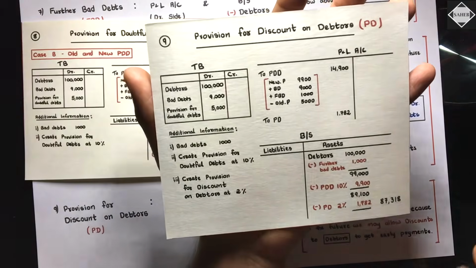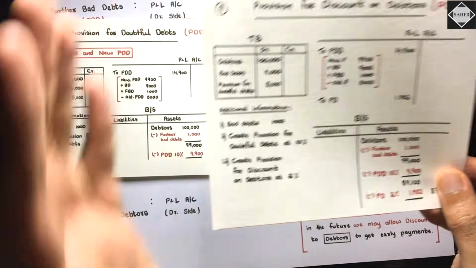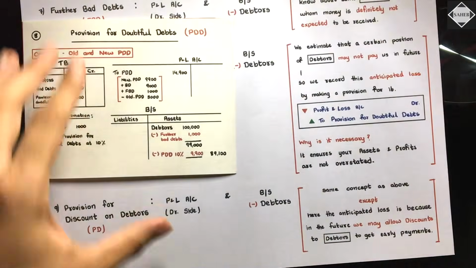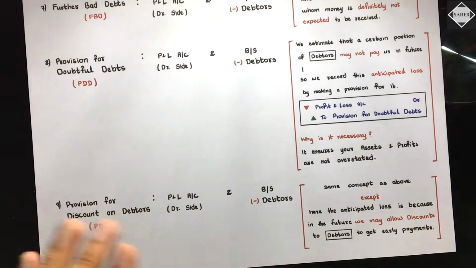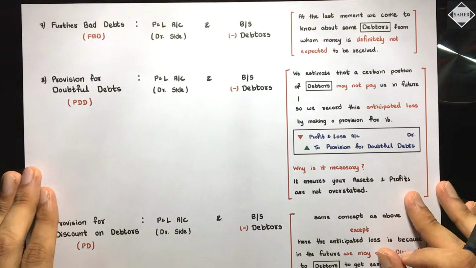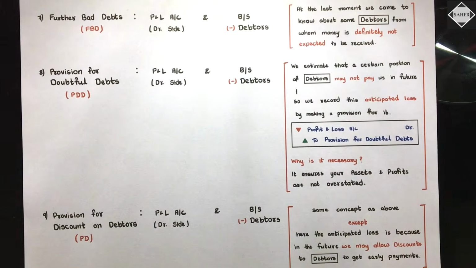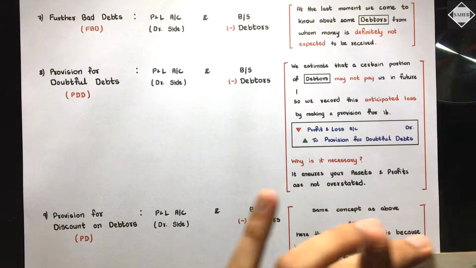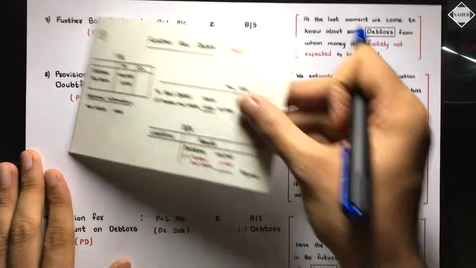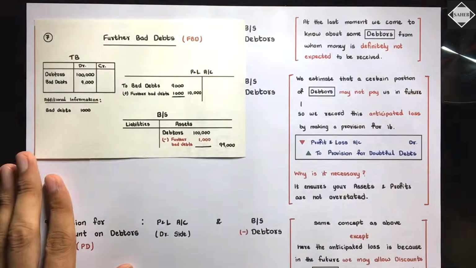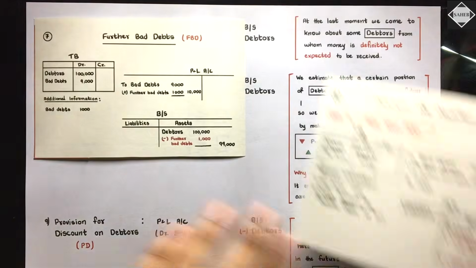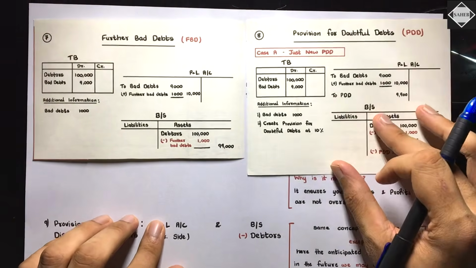So here we have completed 9 adjustments with illustrative examples. I hope you have understood. Now just take a screenshot of this. And if you want a screenshot of these, see here, further bad debts we have. On this only we built our case A example where we created new provision.